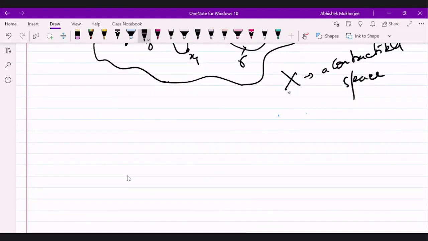Since X is contractible, the identity map will be homotopic to the constant map.